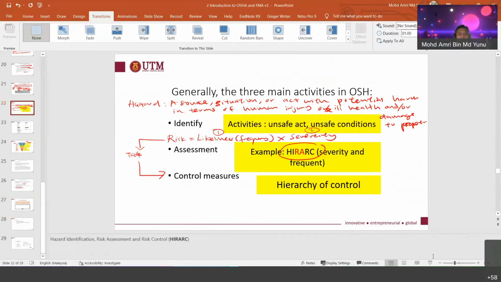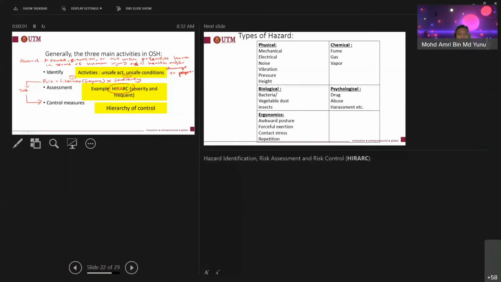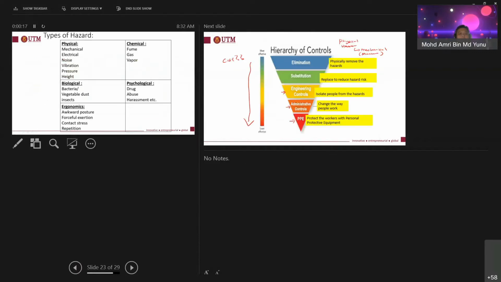Identifying the hazard is not just the task of the management, but the task of everyone, provided that the management has given proper training on how to identify hazards, like we have seen so far, physical hazards.